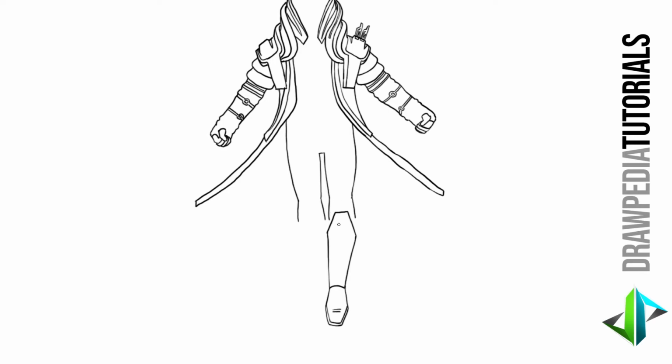And then I'm gonna add the patterns on his boots with an upside down V at this point, sideways inwards from the side, and turn downwards all the way to the ankle point.